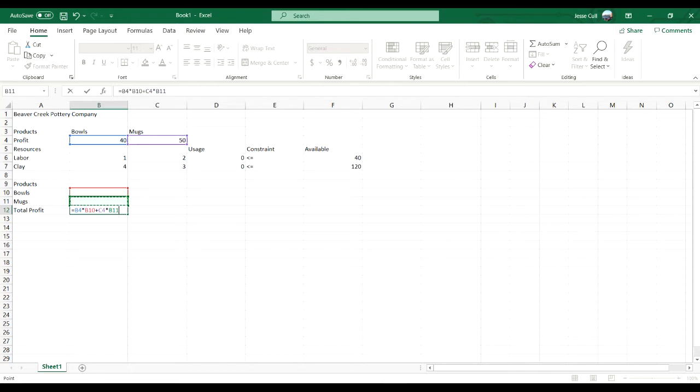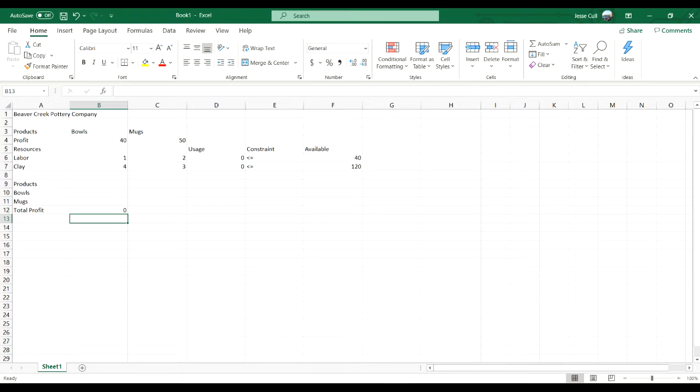That's what the computer is going to tell us, how many we produce of each. Once we know how many we produce of each, we can figure out how much labor we're going to use and how much clay we're going to use. Once we know how many we're going to produce of each, we can figure out our total profit based on how much profit we make for both. Right now it will be 0 again because we haven't produced any.